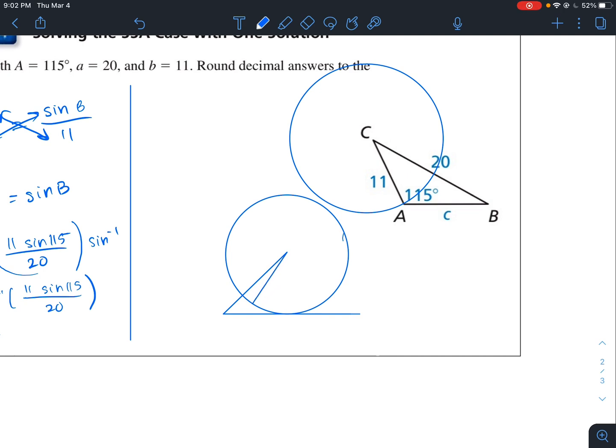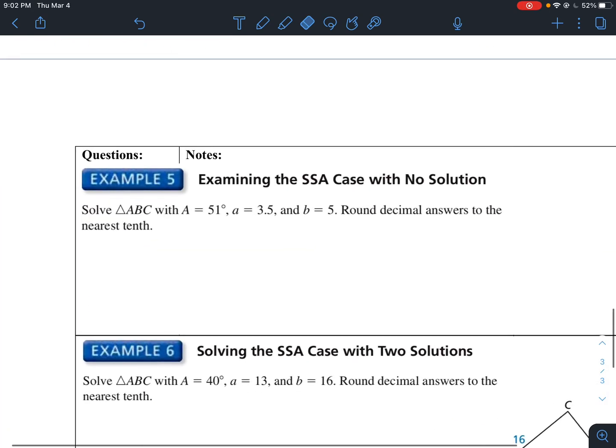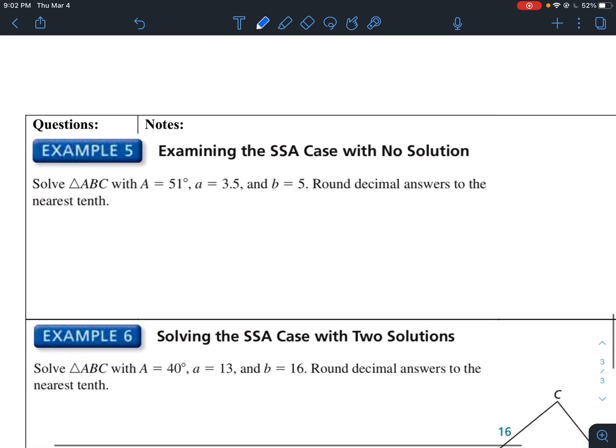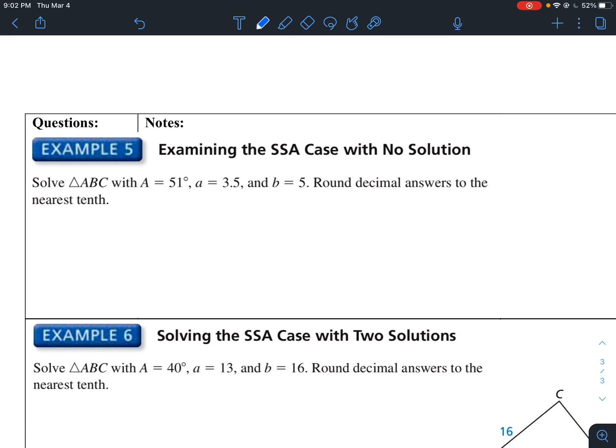So that's going to be the issue that we run into over here, if we try and compose this triangle right here in example 5. So if we have triangle ABC, let's make a triangle. Let's call this angle A, which is 51.